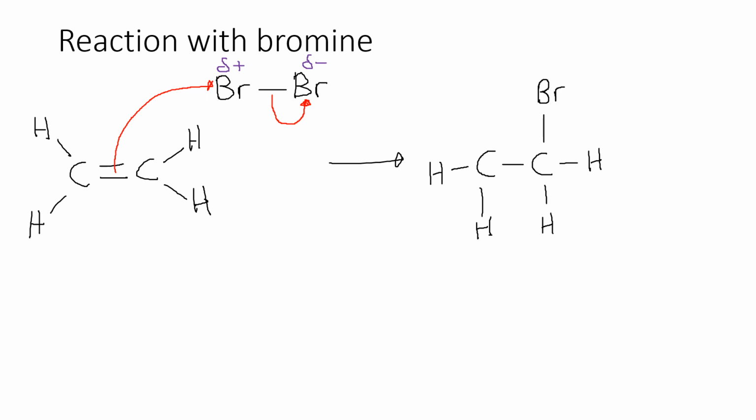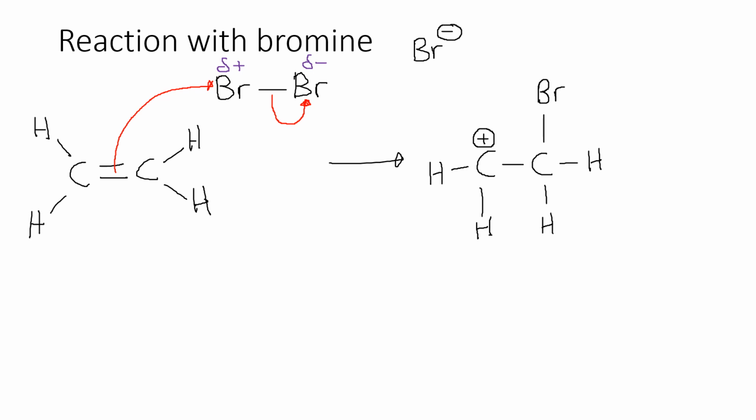But because we've used some of the electrons from the pi bond to make this new carbon to bromine bond, what this does is makes this carbon positive. So we've created what we call a carbocation, a carbon with a positive charge. And we've also got a bromine, Br, that has now gained a pair of electrons, so it is Br minus.